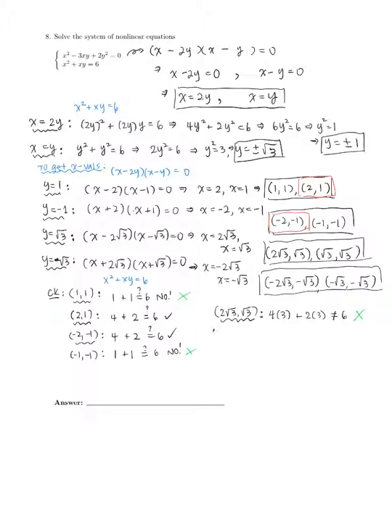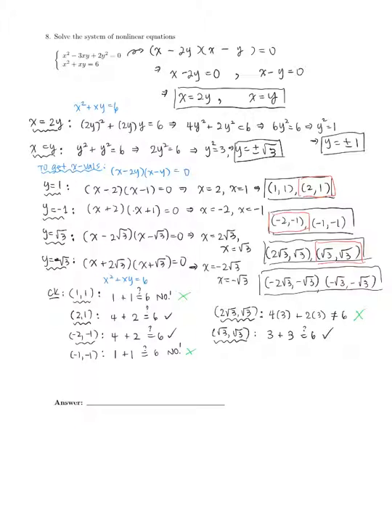Okay, now let's go with root 3, root 3. If I square that, I'm going to have 3, and xy, x times y is 3. Is it going to equal 6? Yes. So we're going to keep that one, root 3, root 3. And do you see what's going to happen for the last two ordered pairs? The first one's not going to satisfy, but the second one should, because you're going to be multiplying and squaring it.